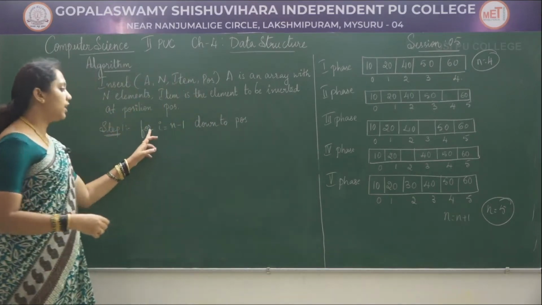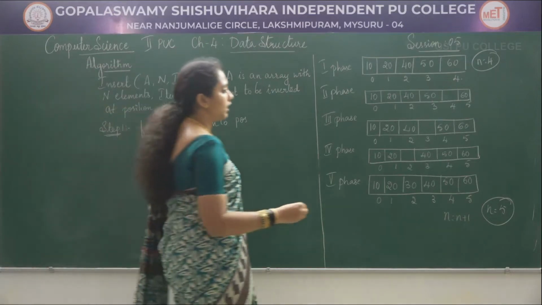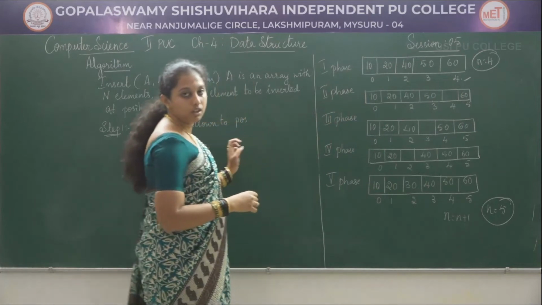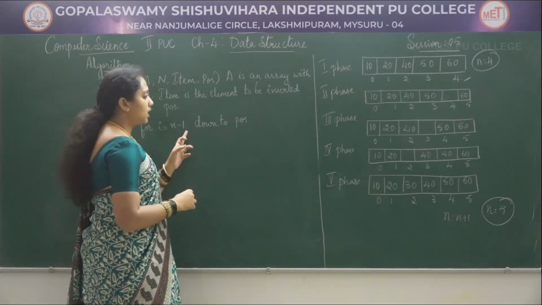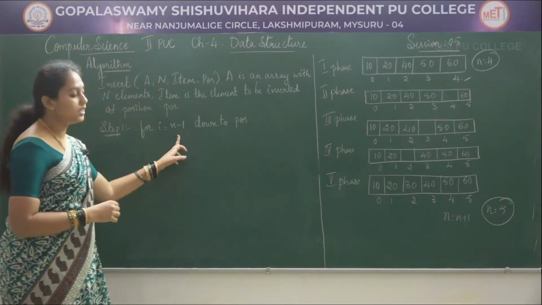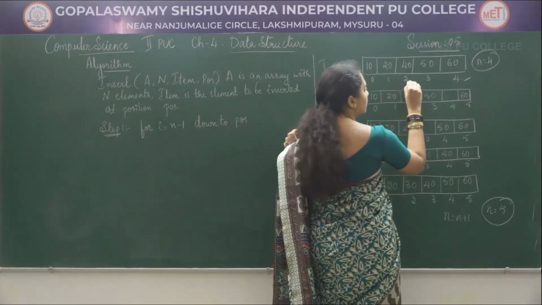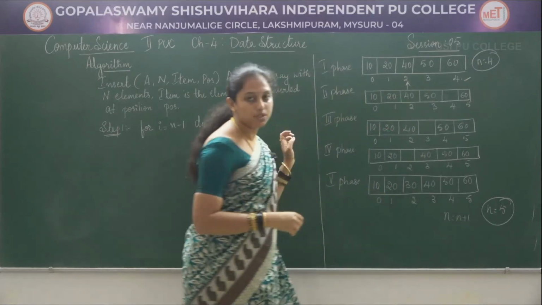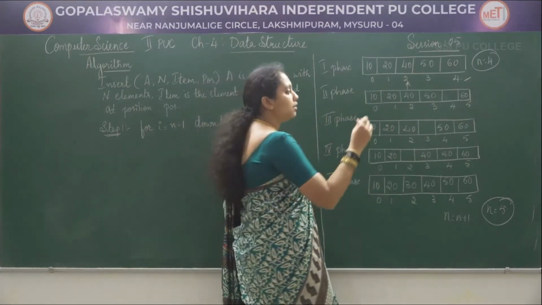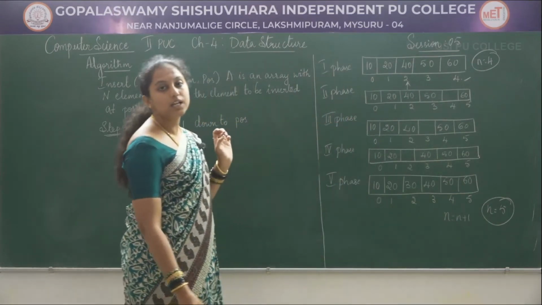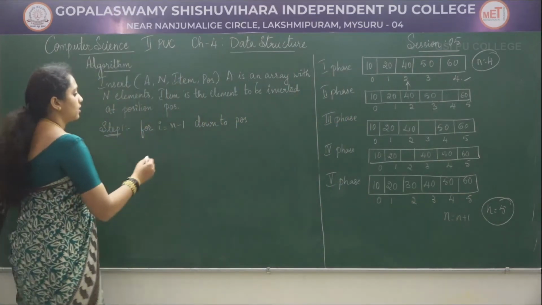For I is equal to n minus 1 is nothing but the last position. N minus 1 is the last position. Down to position means till the required position. What we have to do? We have to shift the elements to their next higher position.